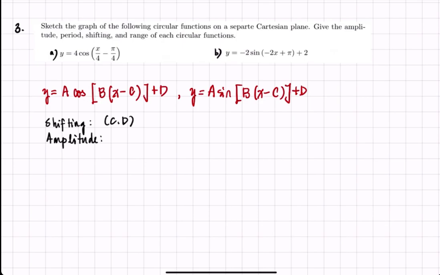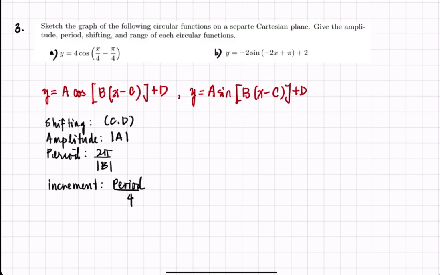The amplitude is the absolute value of A. Period. 2 pi over the absolute value of B. And then the increment. The increment is the period divided by 4.